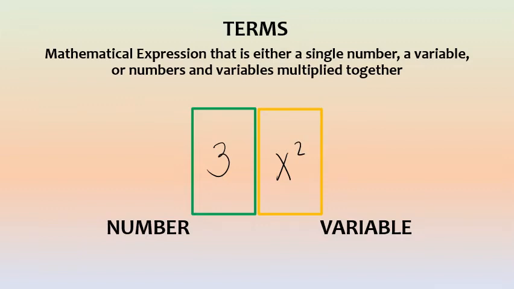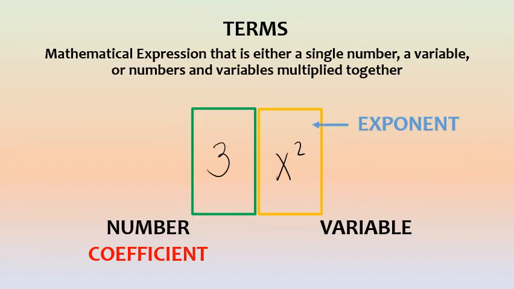And this number, we call this as coefficient. Coefficient are the numerical values on a term. So remember, coefficient can be positive or it can be negative. Next, we have naman the variable. In this example, we have the variable x, which has an exponent of positive 2.